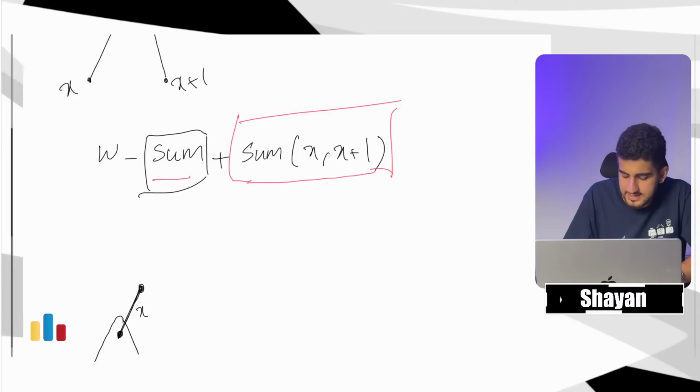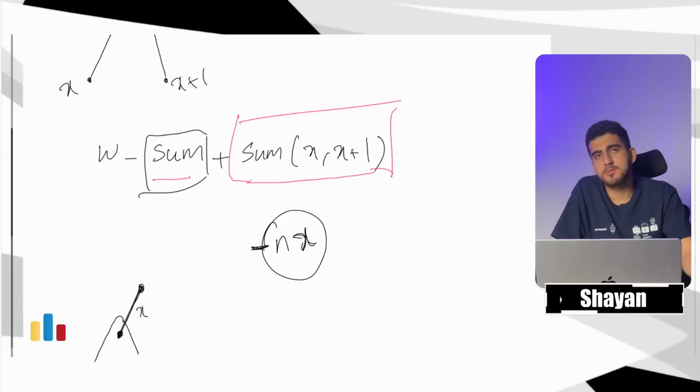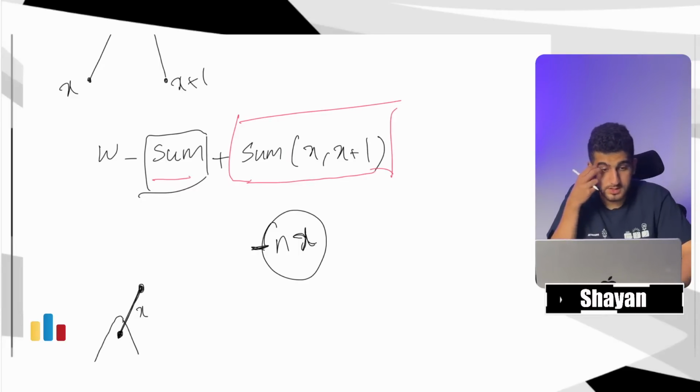So when we add an X, everything will be subtracted by N minus X, because we have N pairs and each will be subtracted by X. But for two of them, they will not be subtracted by X. So maybe we can always add 2X at the end, so it will always be subtracted by N minus 2X. So this way we can just update everything.